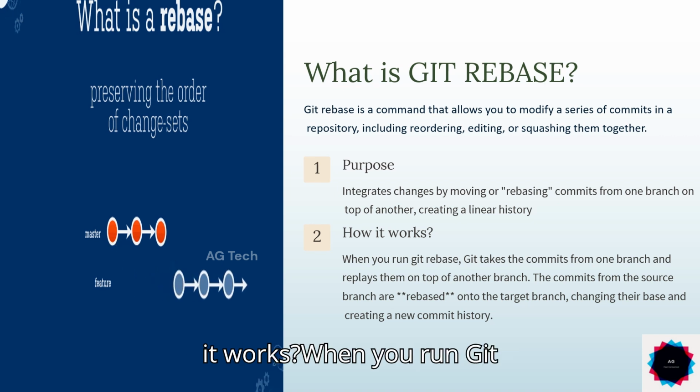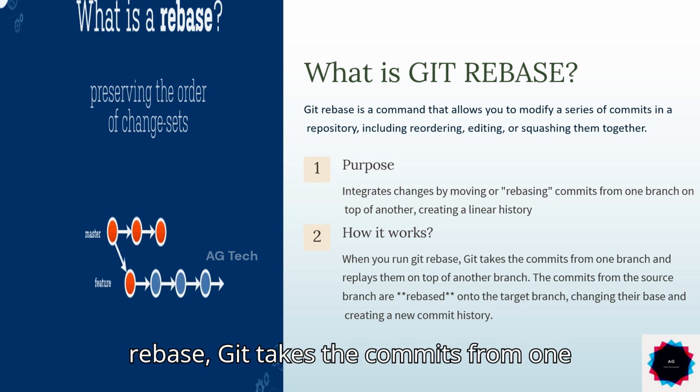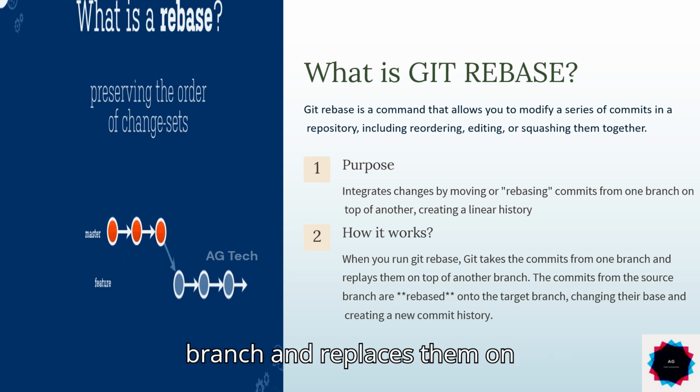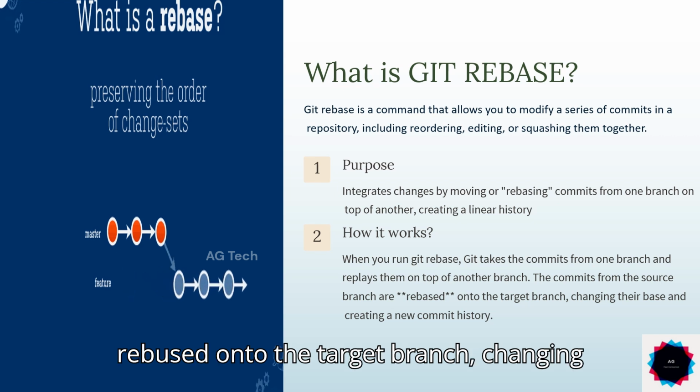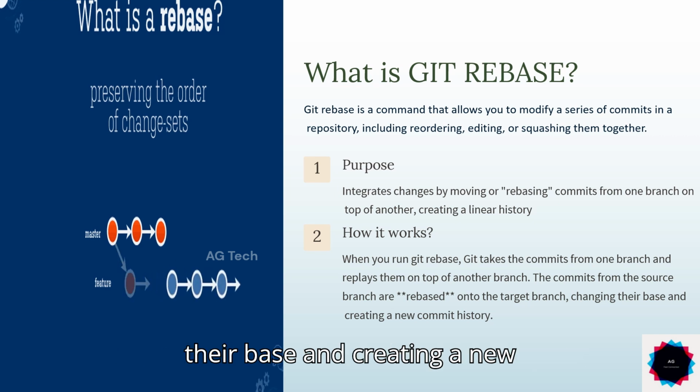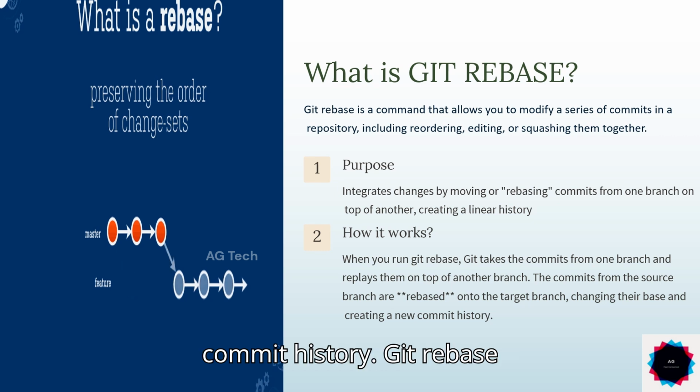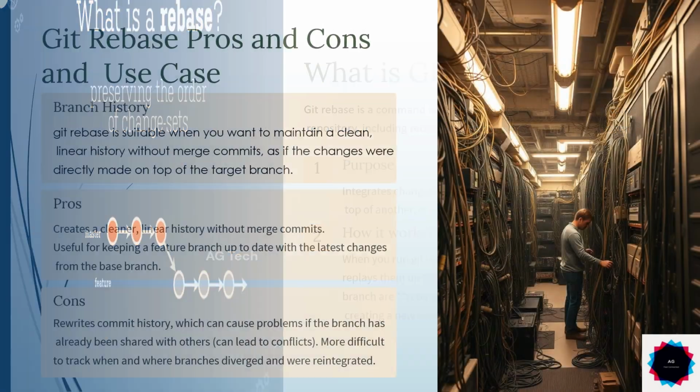How it works: when you run git rebase, Git takes the commits from one branch and replays them on top of another branch. The commits from the source branch are rebased onto the target branch, changing their base and creating a new commit history.